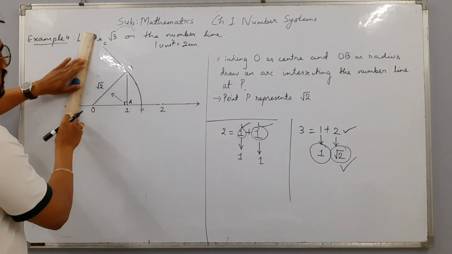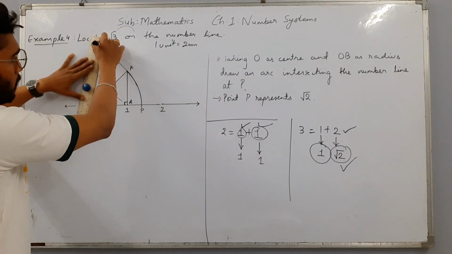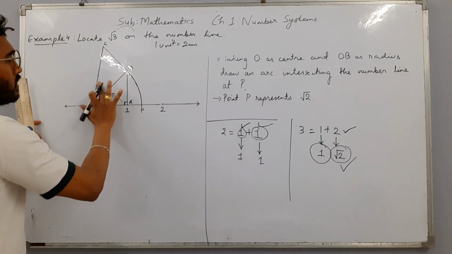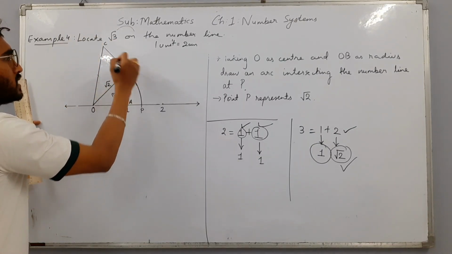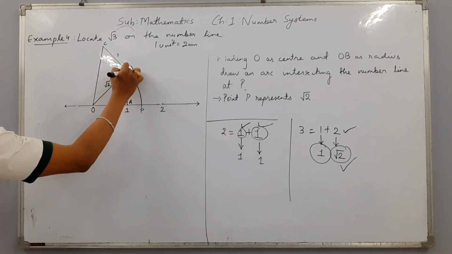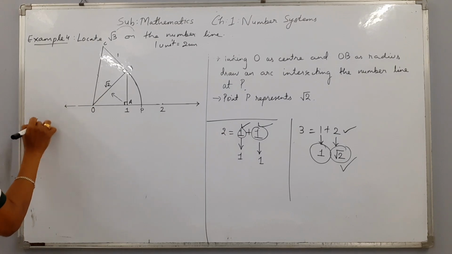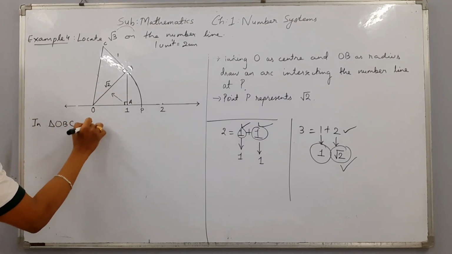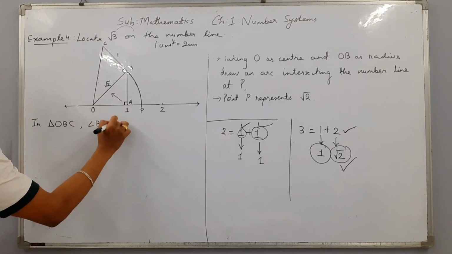Join this C with O. This is our root 2, this is our 1 unit. Now this is 90 degrees here, so in triangle OBC, angle B is equal to 90 degrees.